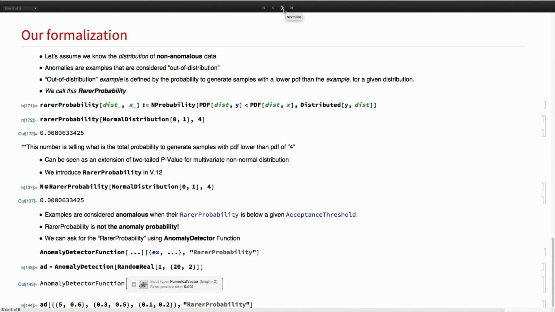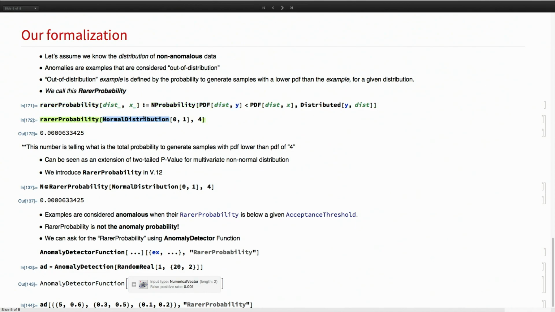It means the total probability of all examples whose PDF is smaller than the given example. So we're trying to measure how rare one example is. You can see that it is the total probability of any events with PDF lower than a given example X.